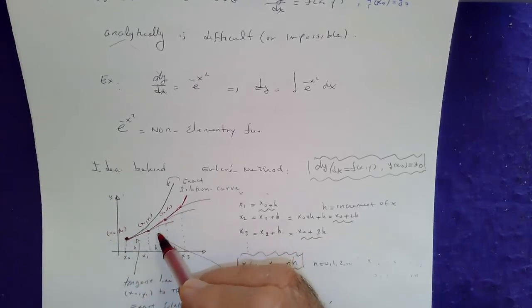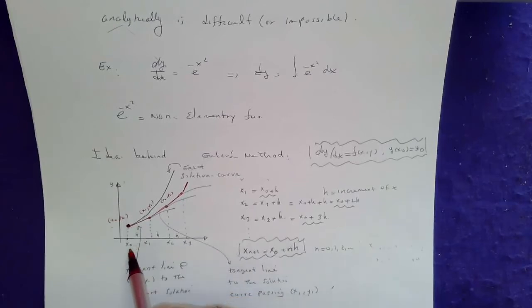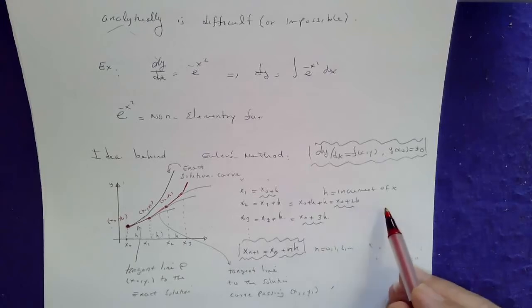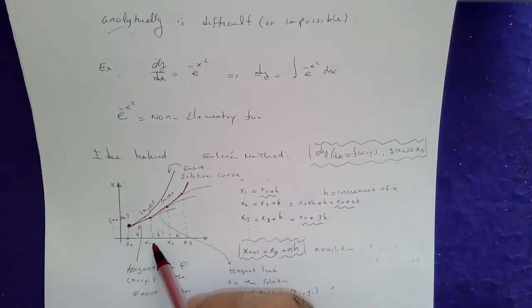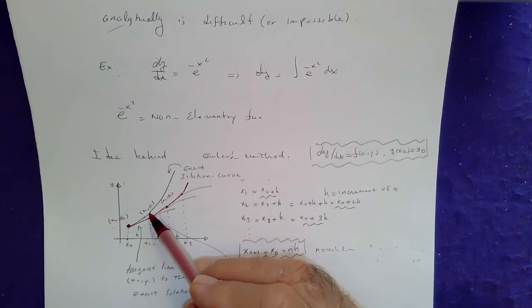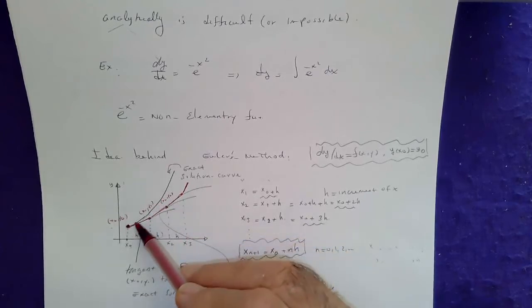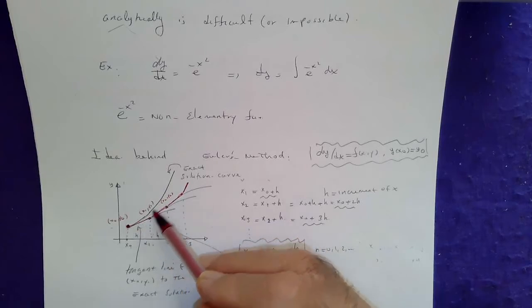Then he incremented the x values by an amount h. So h is the increment of the x's. Then he went to the next point, but not necessarily on the exact curve, because we don't know what that curve looks like.